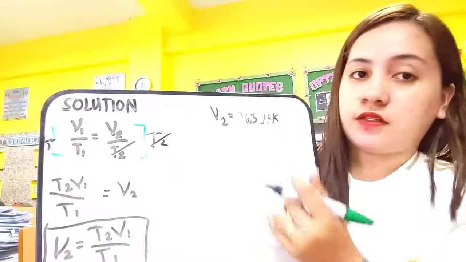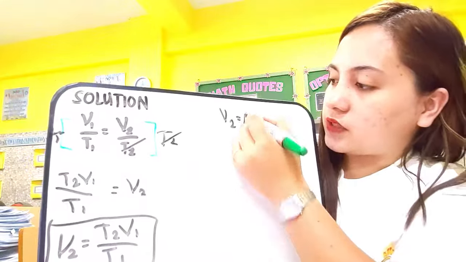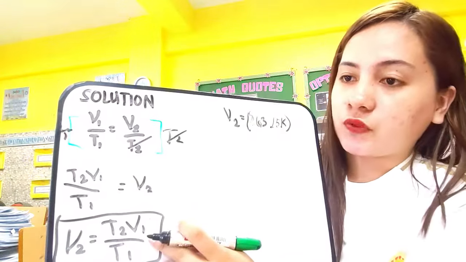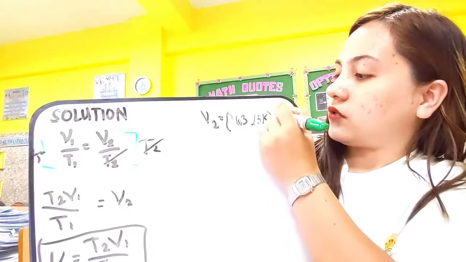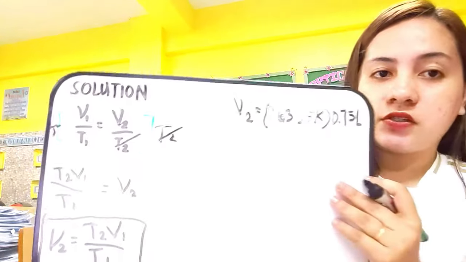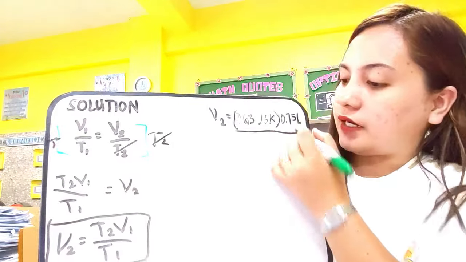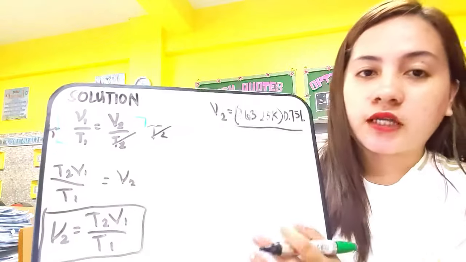263.15 Kelvin. Times. Ita-times natin siya sa V1. Ang V1 natin is 0.75 liter. Divided by T1. Ano yung ating T1 kanina?